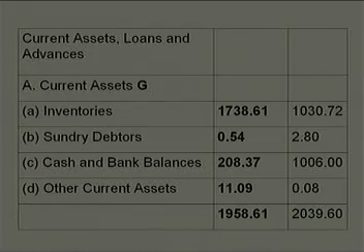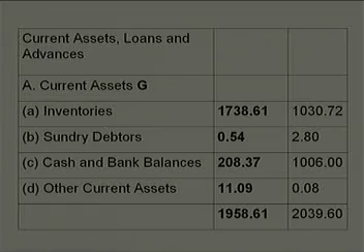Now, this particular slide, which is part of your application of funds, is giving you the details on current assets, loans and advances. Now, when you say current asset, basically they are to be for short duration. For example, inventories.